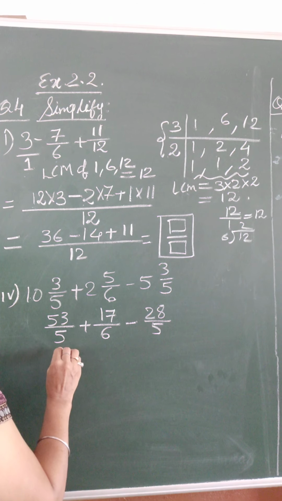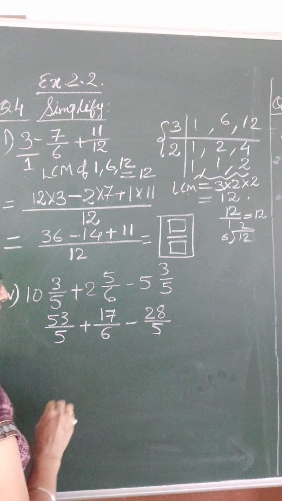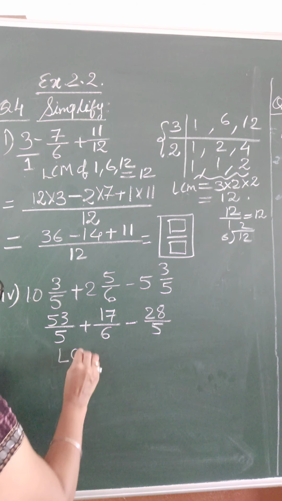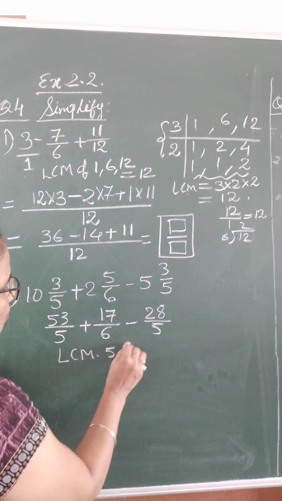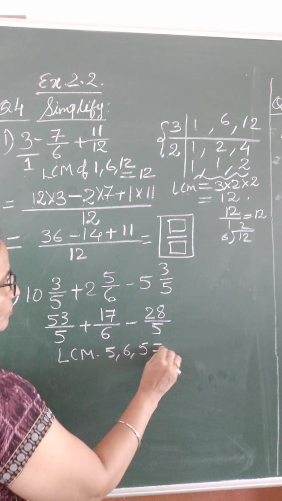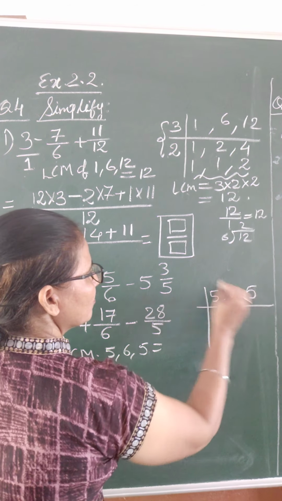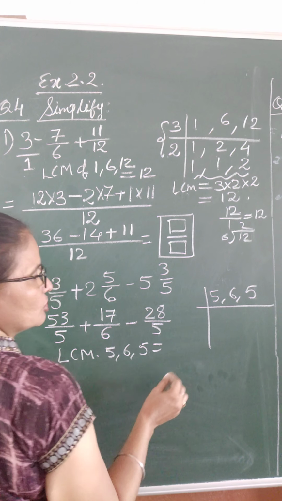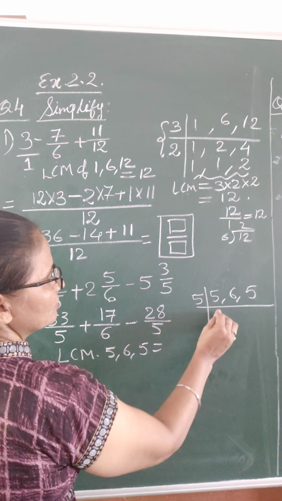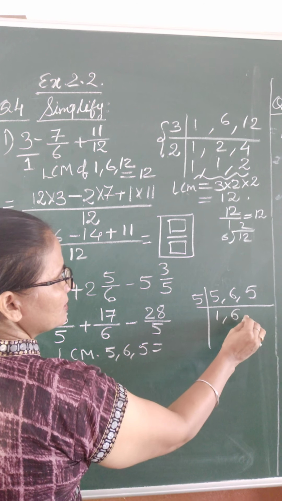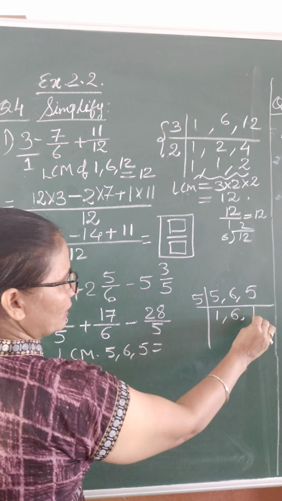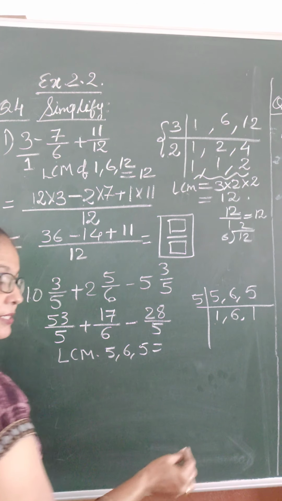Now see the denominators are again different, 5, 6 and 5. So you have to find the LCM of 5, 6 and 5. Again see how to find the LCM. This is 5, 6, 5. You can see 5 and 5 are divisible by 5, so we divide and get 1. This is not divisible, so it remains as it is, and here 1. Now can we divide again by any same number?